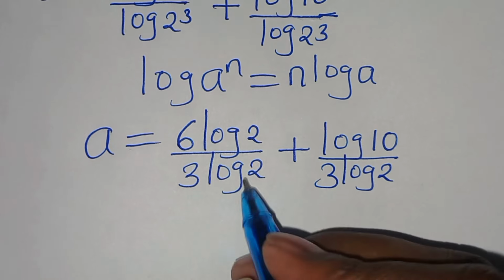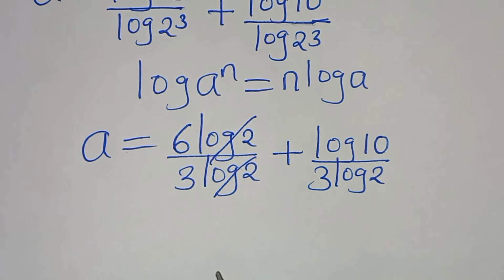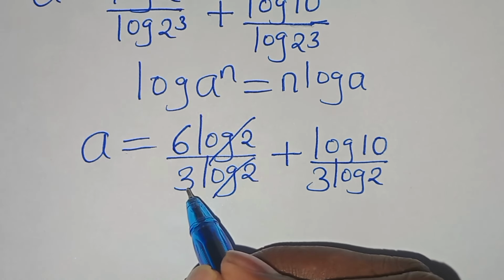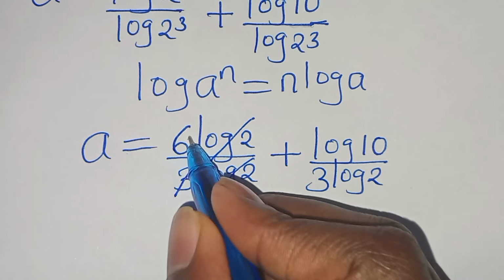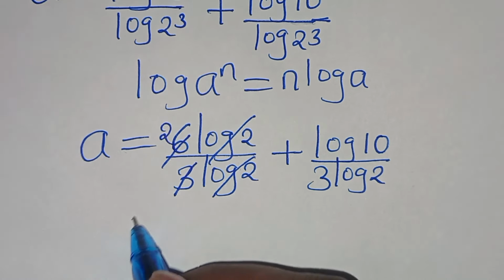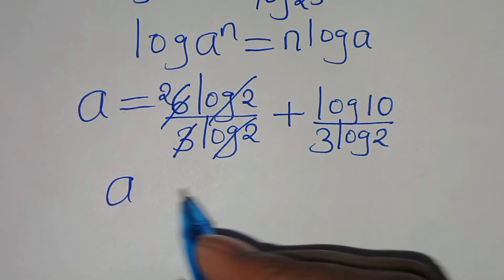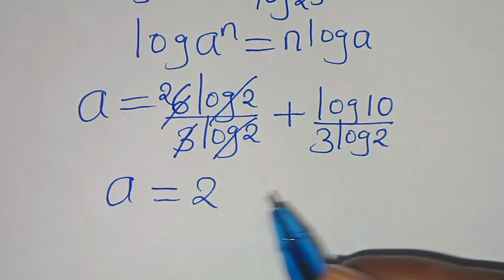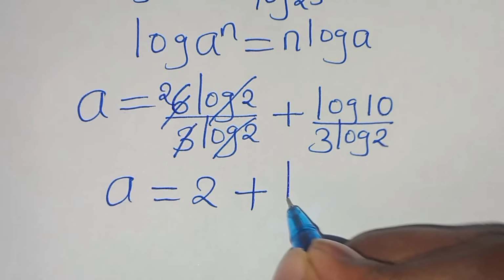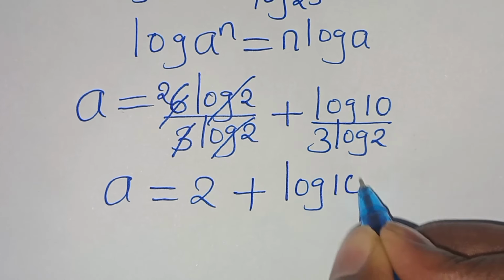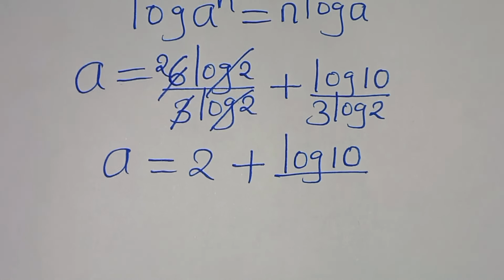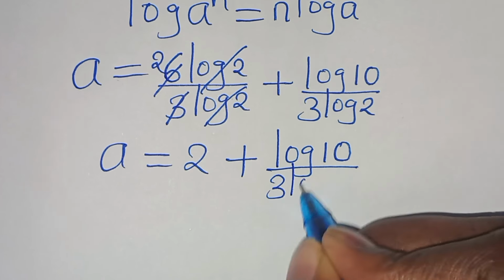The next step is that we can simplify log 2 and log 2 here. We have 6 over 3 here, so 6 divided by 3 is equal to 2. So a is actually equal to 2 plus log 10 divided by 3 log 2.